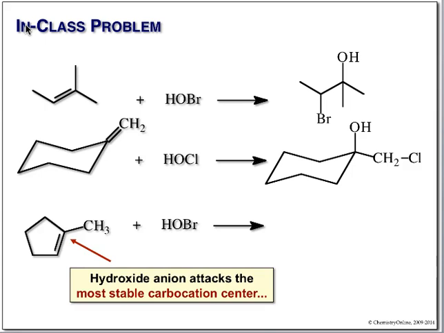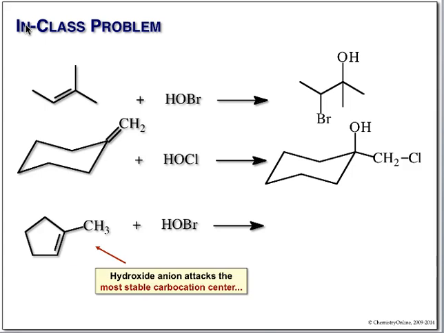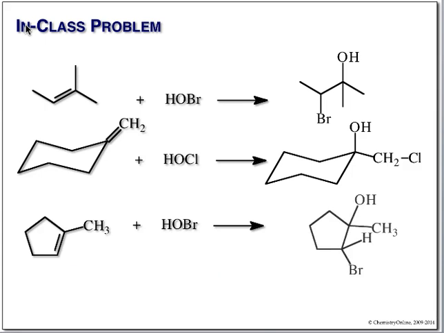Now here we have to show stereochemistry, don't we? We know that they're going to be trans, so bromine's going to be up, the OH group on the opposite side. These must be trans, OH group on the tertiary carbon.